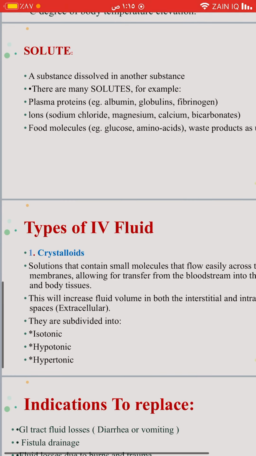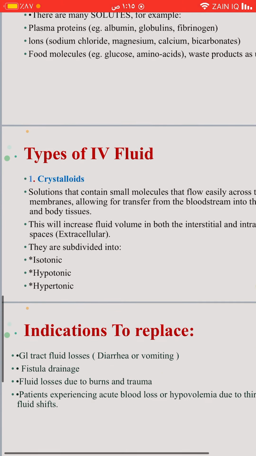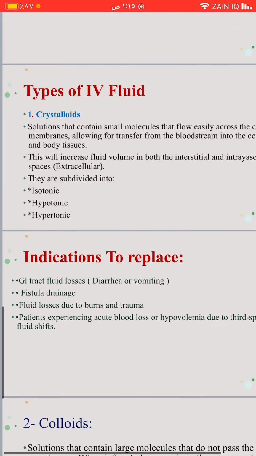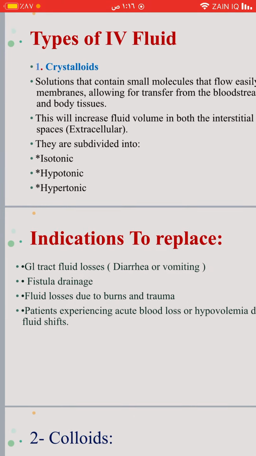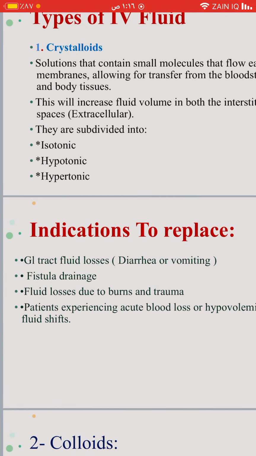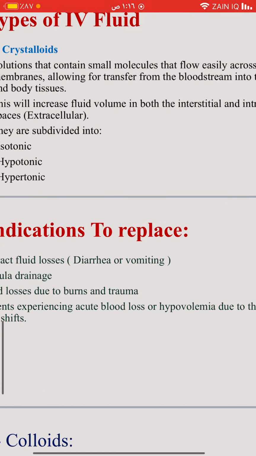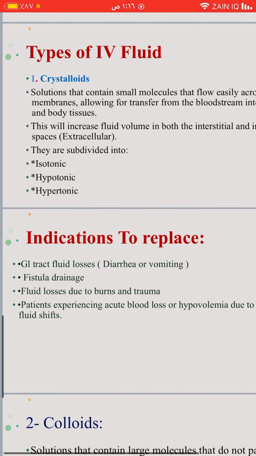They are subdivided into isotonic, hypotonic and hypertonic. هنا الانديكيشن to replace GIT fluid losses اللي هي الدياريا والفوميتنج والفيستولا درينيج، والفلويد losses due to burns and trauma، والبيشنت experiencing acute blood loss and hypovolemia due to third space fluid shifts.